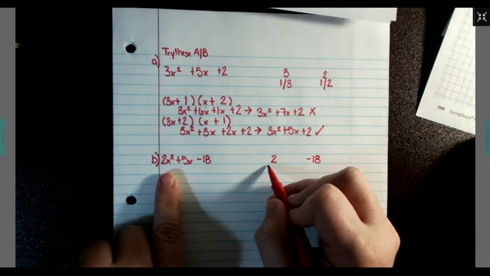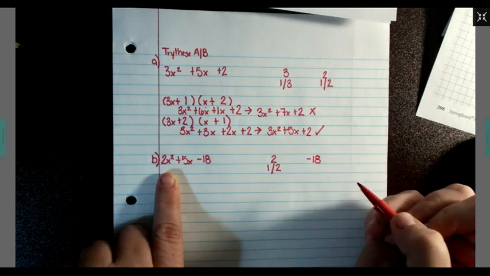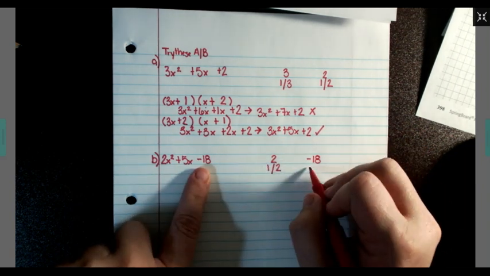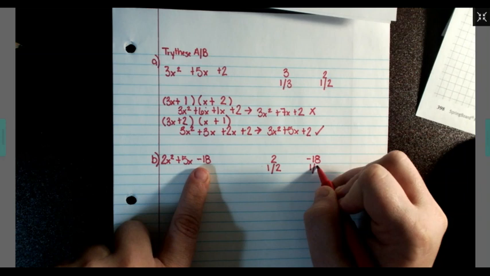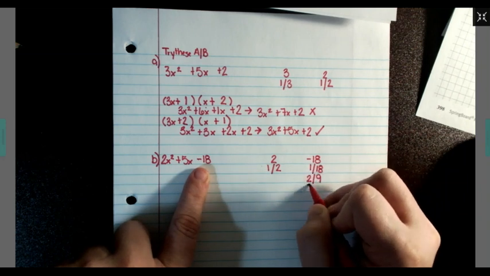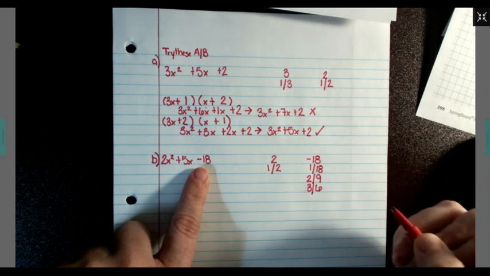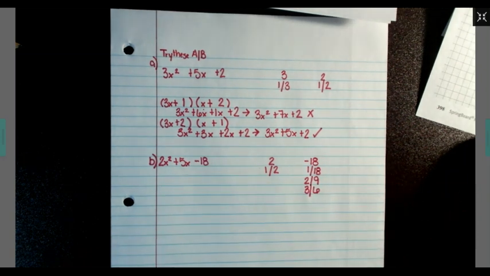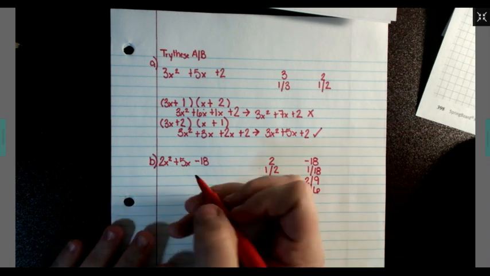Well, there are only two factors of 2. That's 1 and 2. But for 18, we could have 1 and 18. We could have 2 and 9. We could have 3 and 6. And again, we would know that these have to be opposite. One has to be positive while the other is negative.